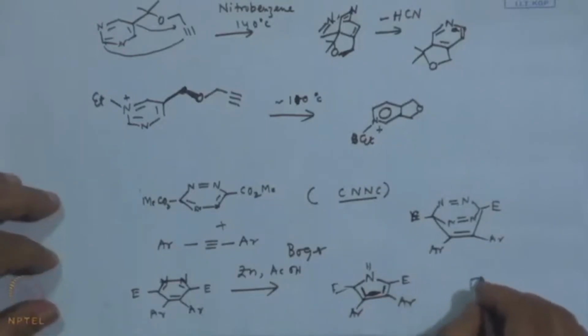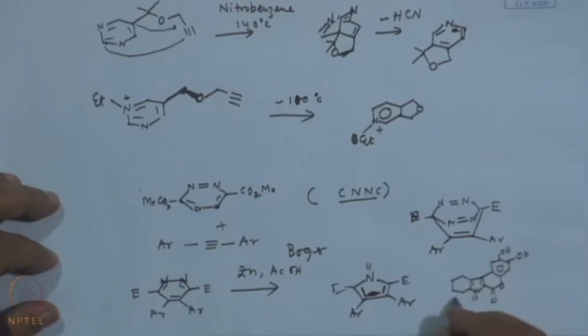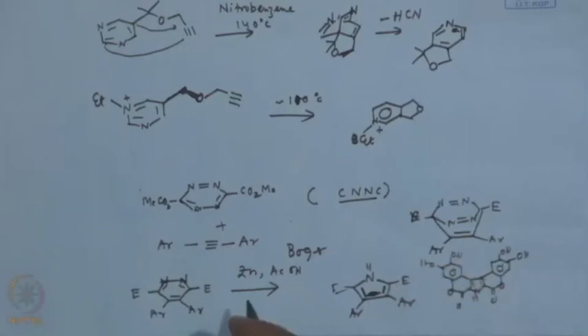The one that is synthesized, I think just very briefly I will write the structure. It is something like this. It is even a little more complex, but you have something like, so you have very similar pattern, OH on this side and OH on this side, OH on this side.